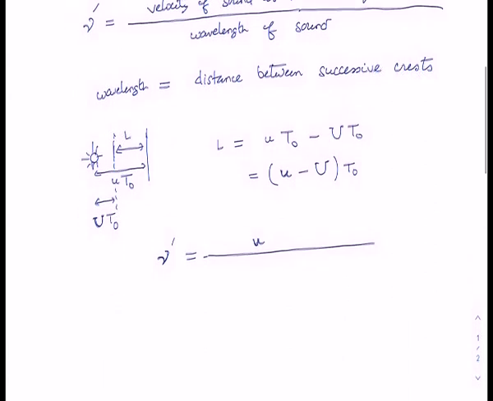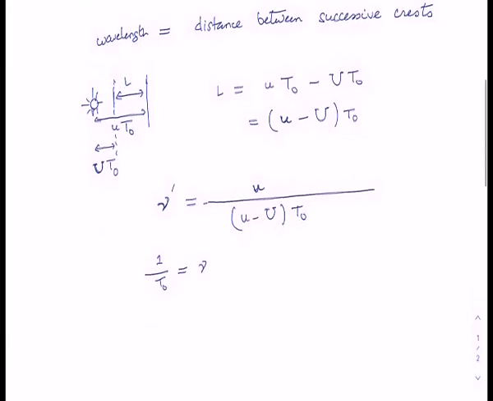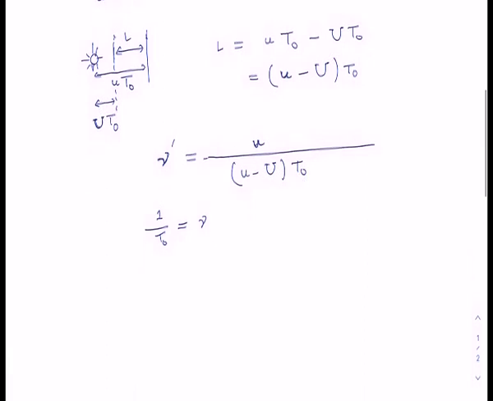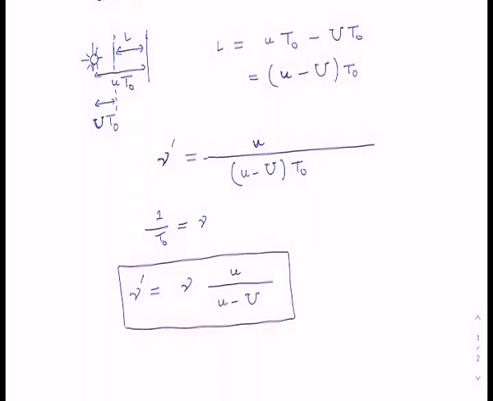So it is u, and then the wavelength is (u minus U) t0, and you know that 1 by t0 is nothing but the frequency of the source. Therefore I can write nu prime equals nu times small u divided by (small u minus capital U), where capital U is the velocity of the source. So this is the formula I get.